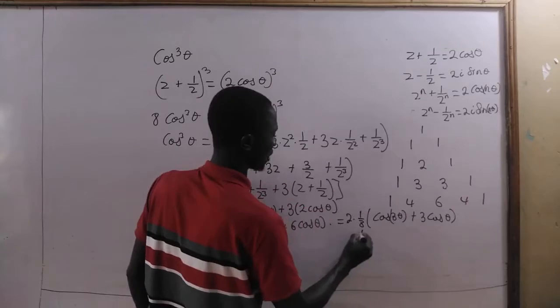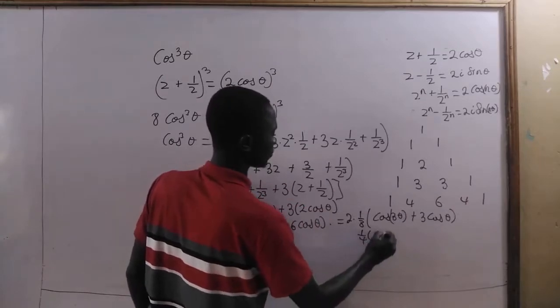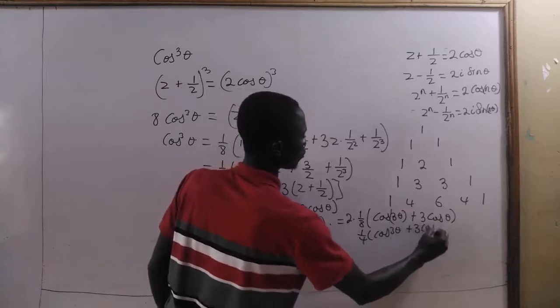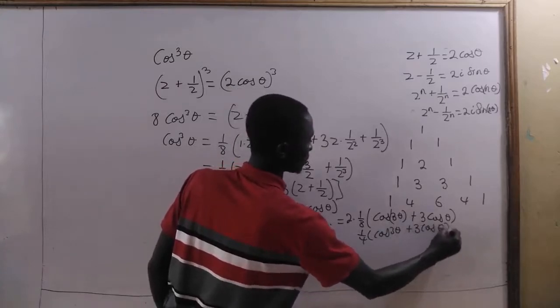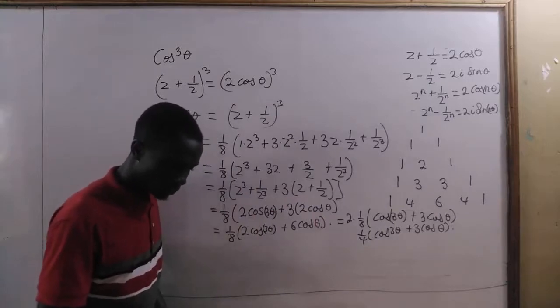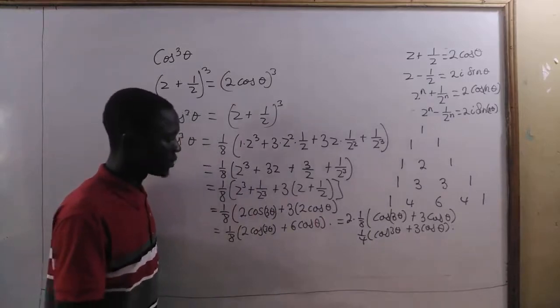And this will give us 1 on 4 into bracket cosine of 3 theta plus 3 times cosine of theta. This one I've solved it, so let me cross check if the answer is correct. Okay, here we have it. But I didn't simplify it.